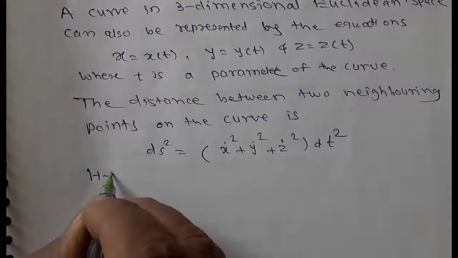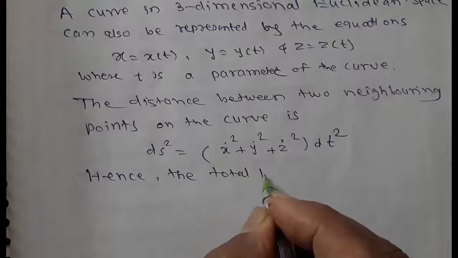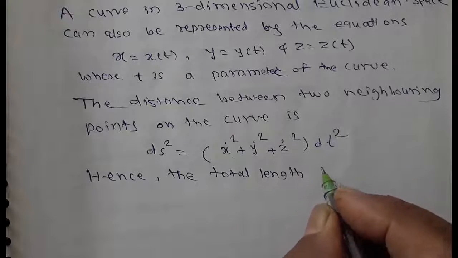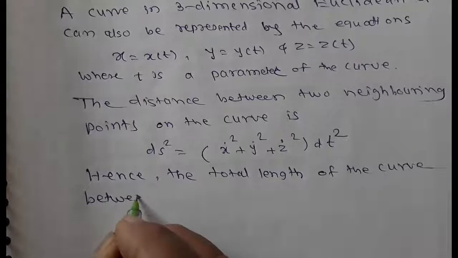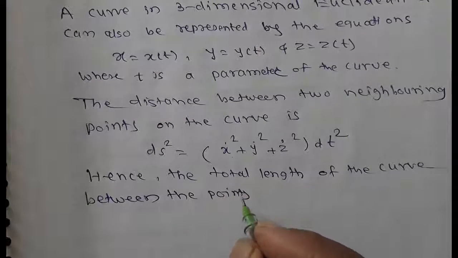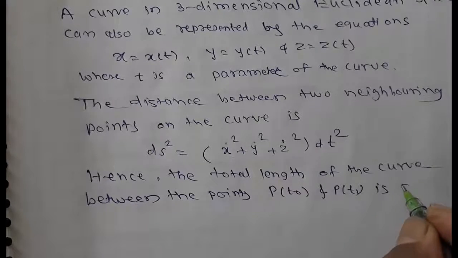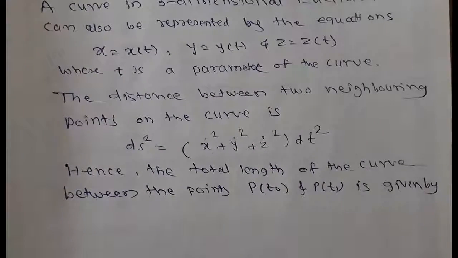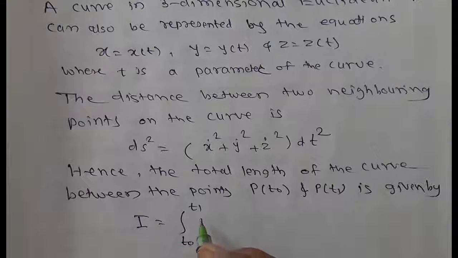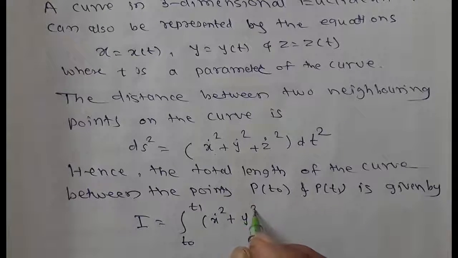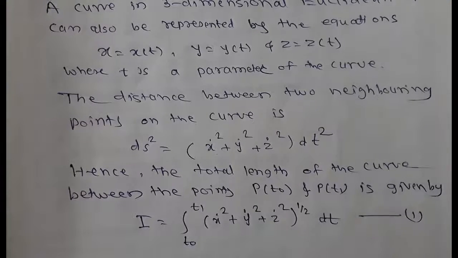Hence, the total length of the curve between the points P at t0 and P at t1 is given by the integral I equal to integration from t0 to t1 of x dot square plus y dot square plus z dot square raised to half dt. Suppose this is equation 1.